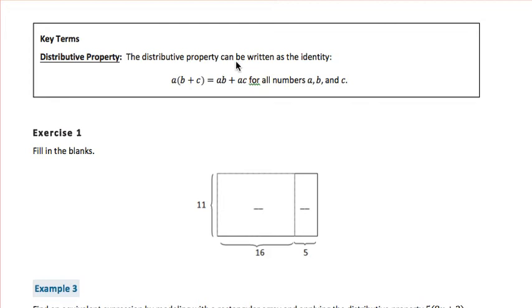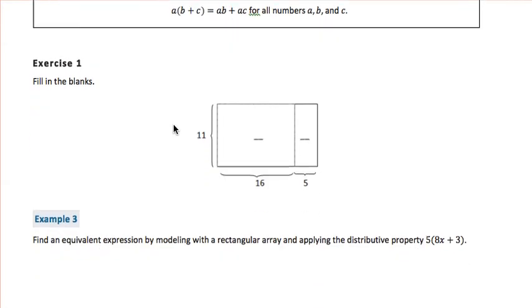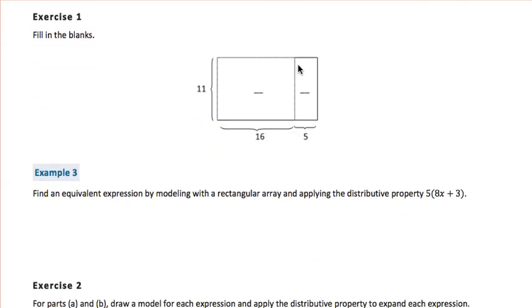The distributive property, when it's written in its formula, is A times the quantity B plus C, and that would be then A times B plus A times C. So using that property, we're going to solve the next problem.